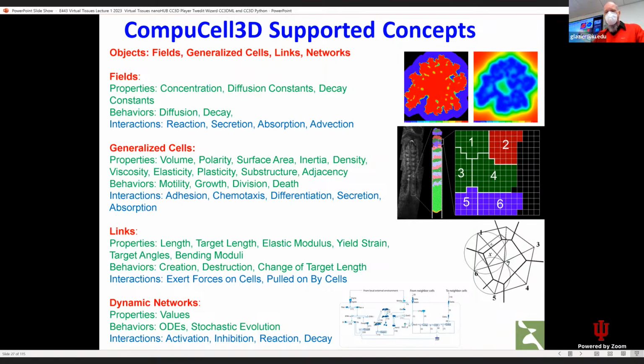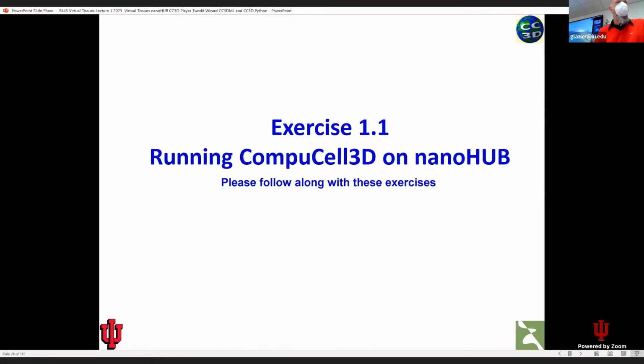So those four fundamental concepts, fields, generalized cells, links, and dynamical networks, are the objects that we're going to be building things out of for the next 16 weeks. So let's actually try doing a little bit of an exercise.